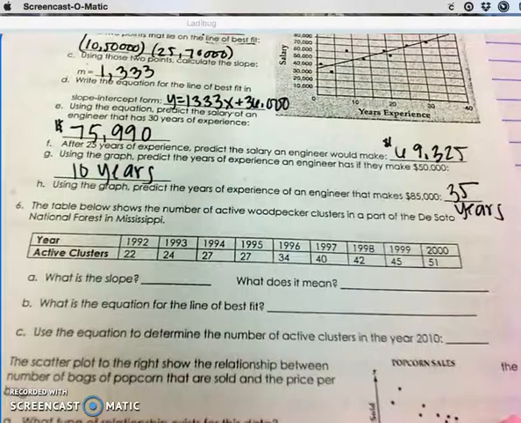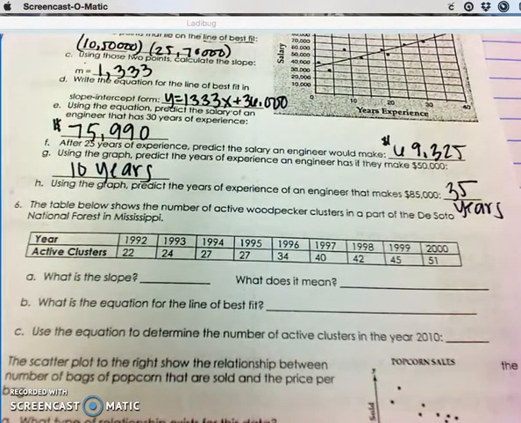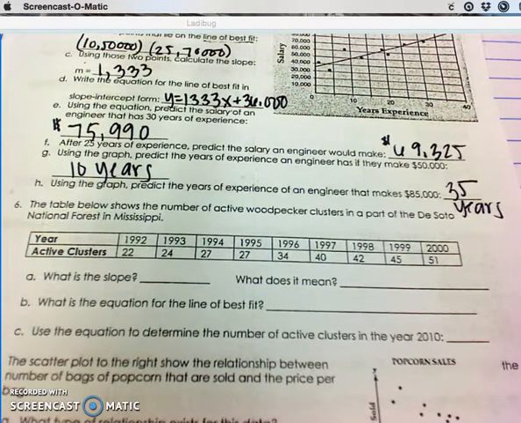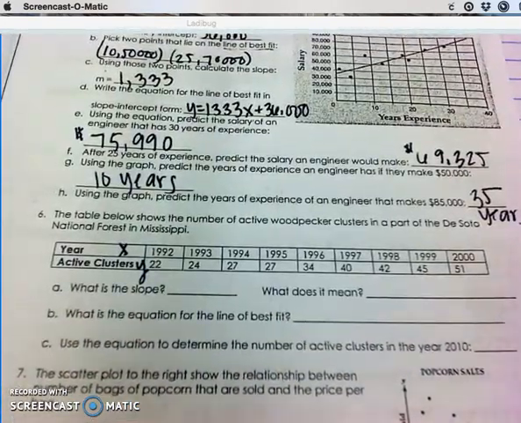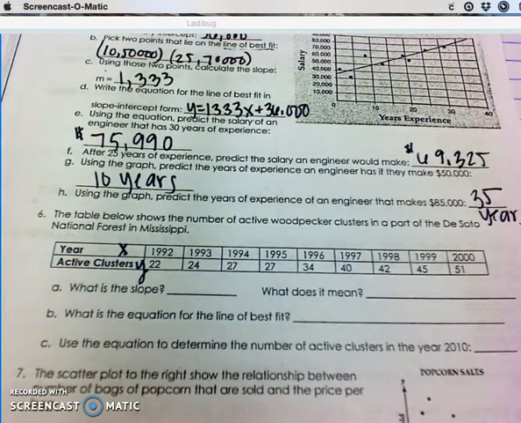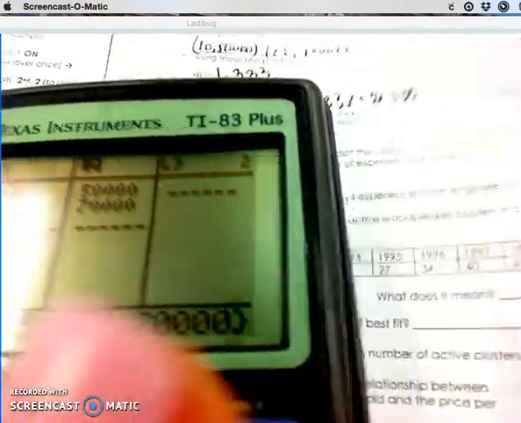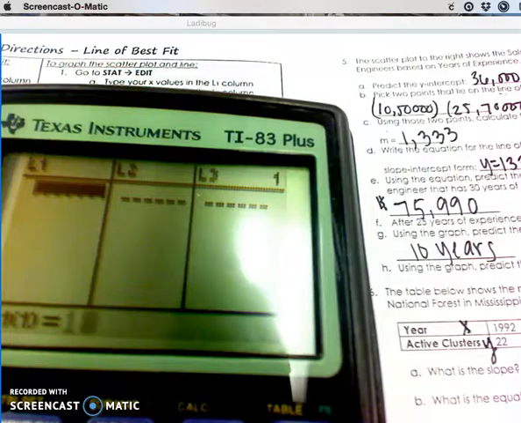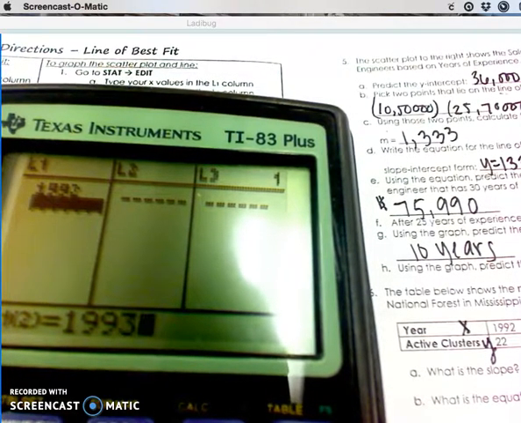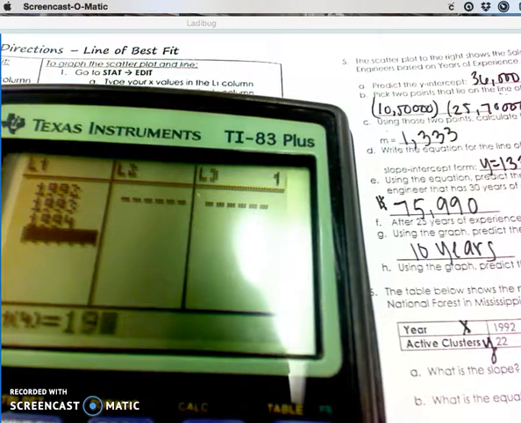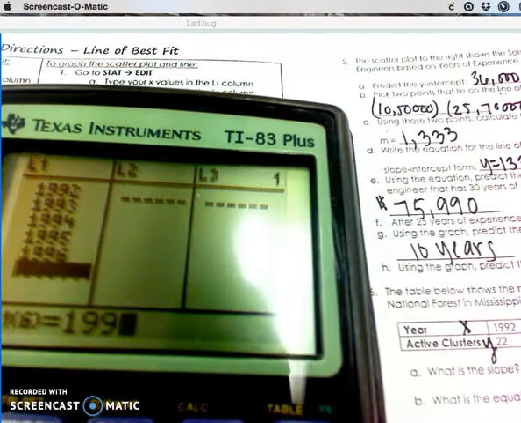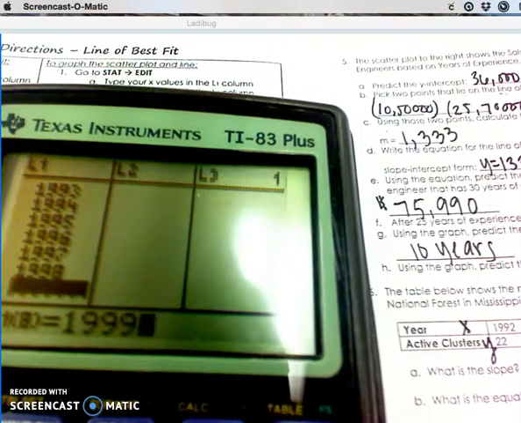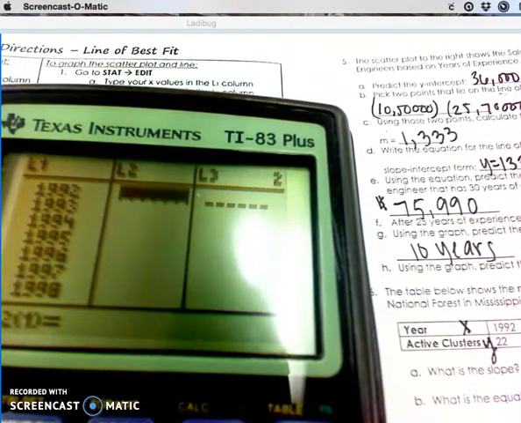So then we're looking at this next table. It's active woodpecker clusters in this area of the National Forest in Mississippi. We know that time is X, so that active clusters is Y. We're going to plug these in again to your calculator. Clear your values. 1992, 1993, and your Y values.